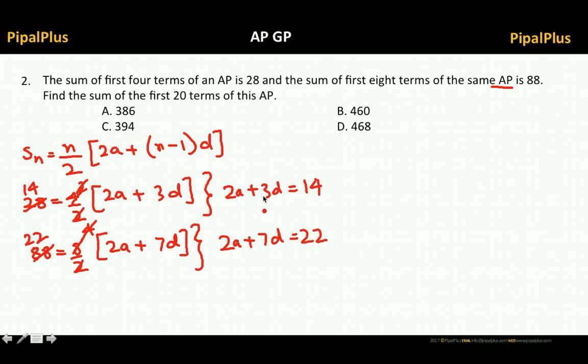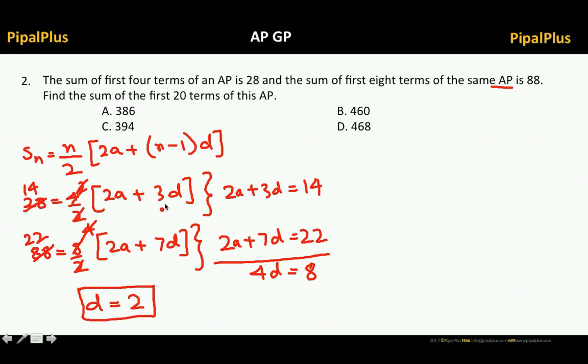Now from both these equations, when we find the difference of both these equations, 2a and 2a will get cancelled. From 7d we subtract 3d to get 4d, and from 22 we subtract 14 to get 8. So we get d equals 8 by 4, or d equals 2, right? So we've solved for d. Now these are linear equations, so we can figure out our second variable also.